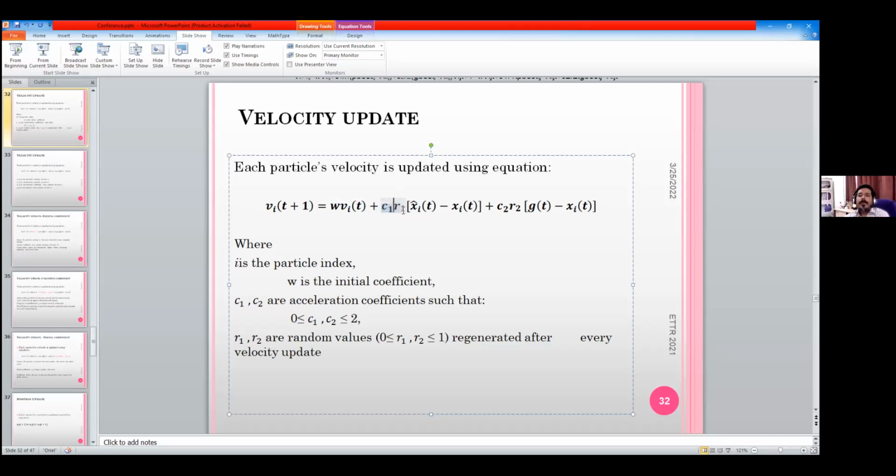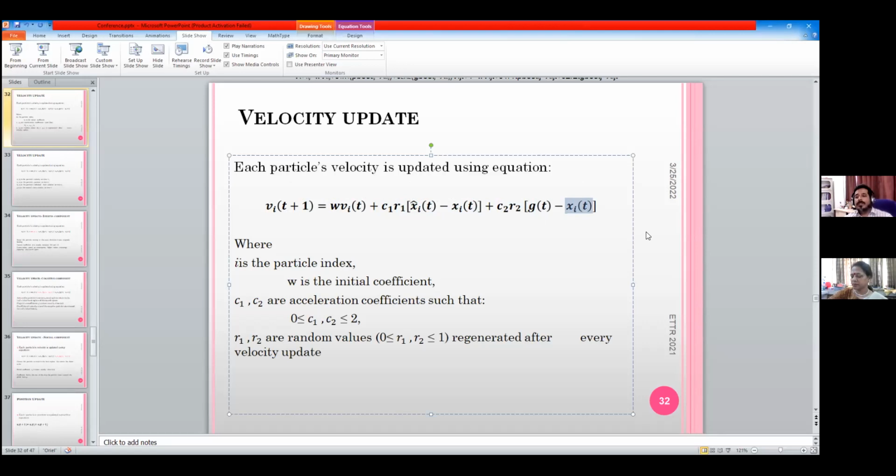R1 is a random number between 0 and 1, so you can easily take a random number. x_i cap^t is the ith bird's best position till now. x_i^t is the ith bird's position in that iteration. C2 is again an acceleration coefficient lying between 0 and 2. R2 is a random number between 0 and 1. G^t is the position of the best bird in the swarm, and x_i^t is again the position of the ith bird in that particular iteration.